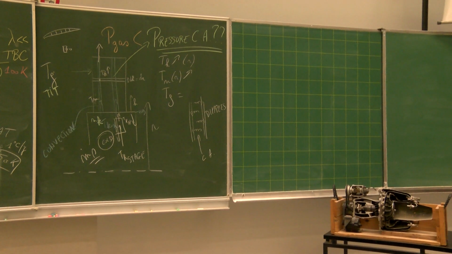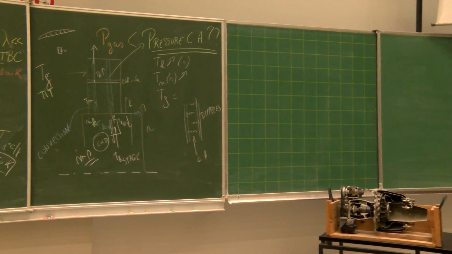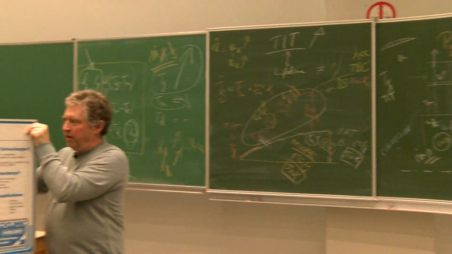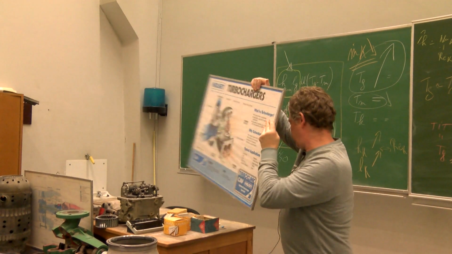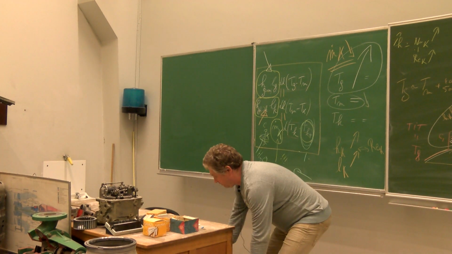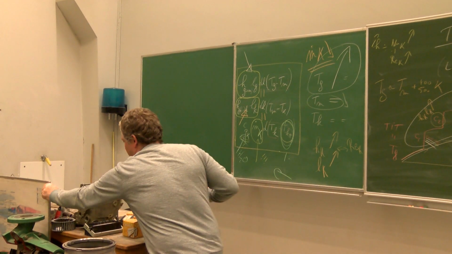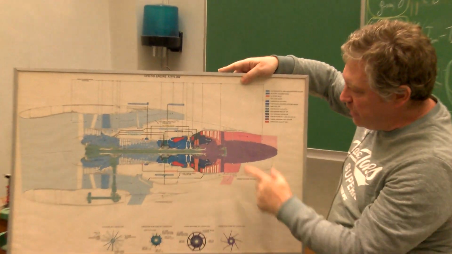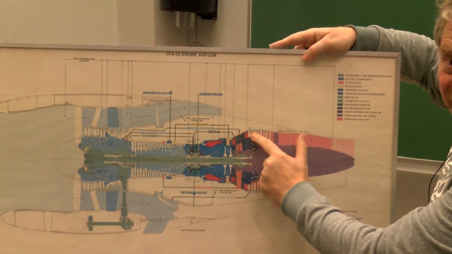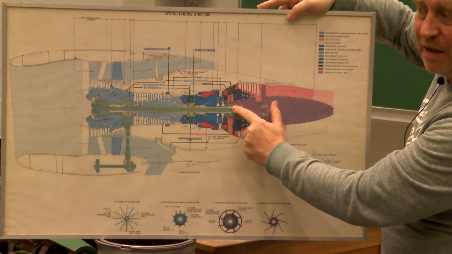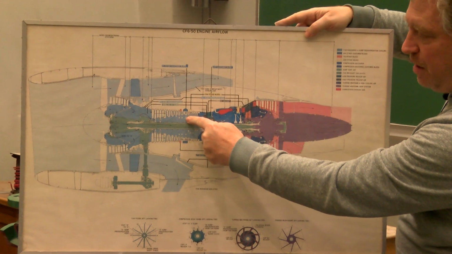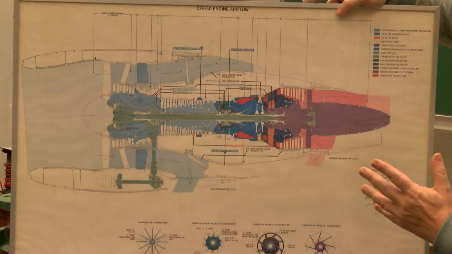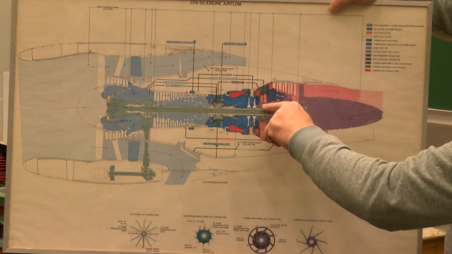If you take a drawing of a real engine like this one, you need to bring this air here in the high pressure turbine. But this is coming from the compressor. Or are you going from there to there? Not easy. Very difficult. You need to go along the shaft.